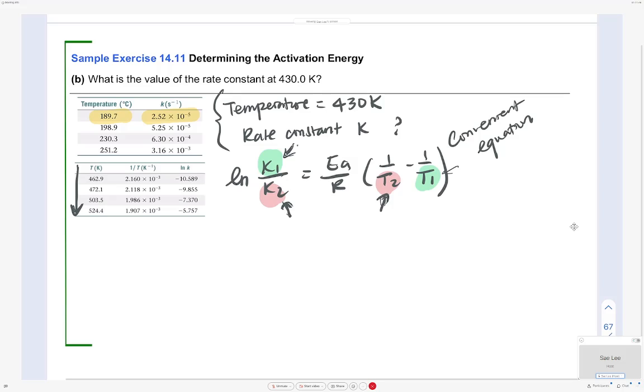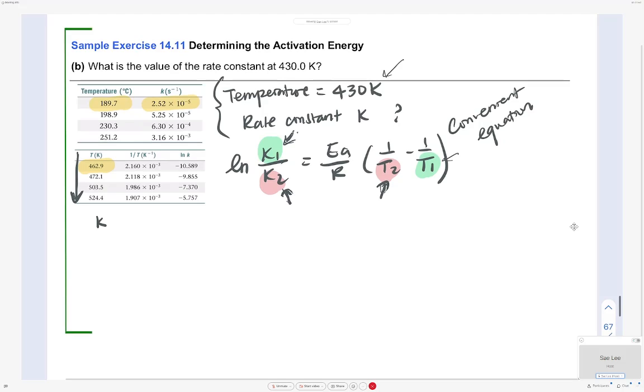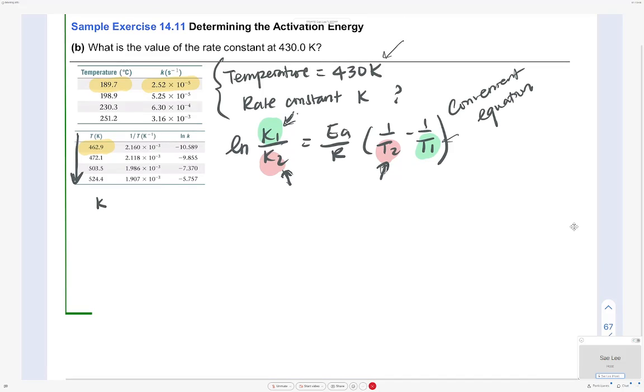This temperature is in Celsius, we can't use it, so we're going to convert it to Kelvin. Please don't get confused between this small k, the rate constant, and this capital letter K, Kelvin. The rate constant K2 that I picked from this table is 2.52 times 10 to the negative 5.